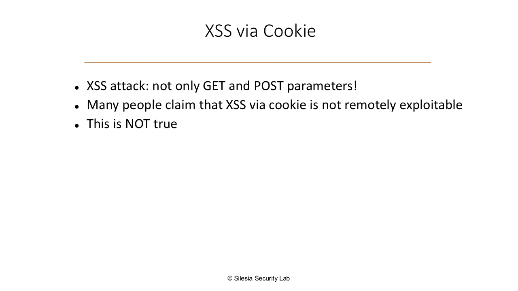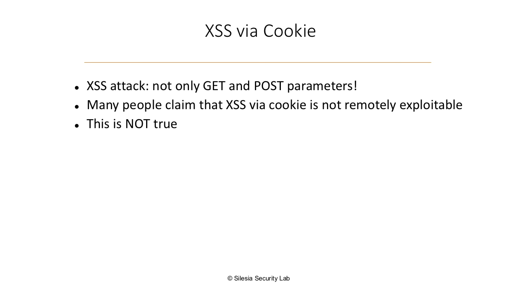If you cannot prove it, then you will get $0. So it's really worth knowing how to launch this attack remotely, right? And this is exactly what I'm going to present in this course. But the reality is like this. A lot of people are not aware of launching XSS via cookie remotely, and this is an opportunity for you, right? This is the reason why I'm presenting this bug for you.